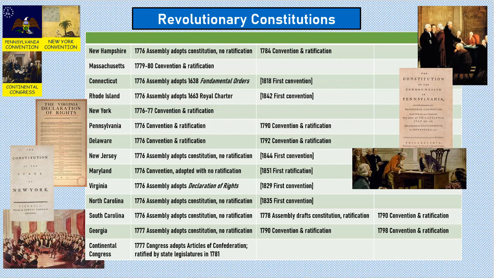That is to say, they elected a convention solely for the purpose of drafting the Constitution. That convention then, when it had finished its work, dissolved, and it published its draft Constitution to the people. But there were many other models that the states followed.